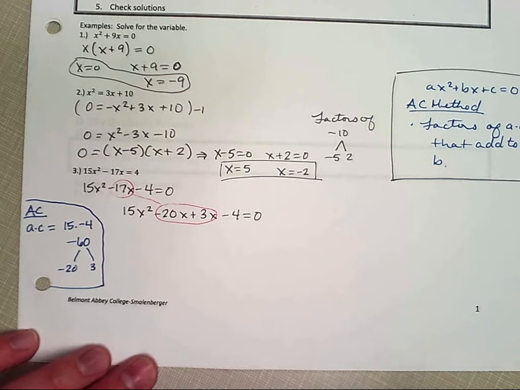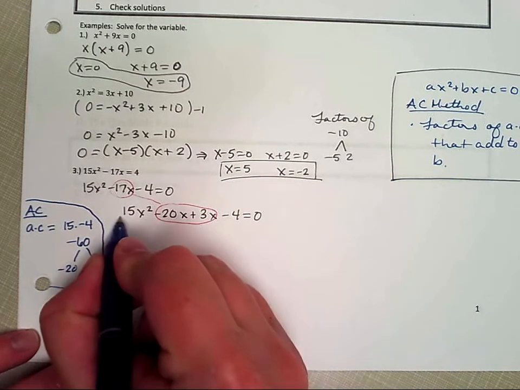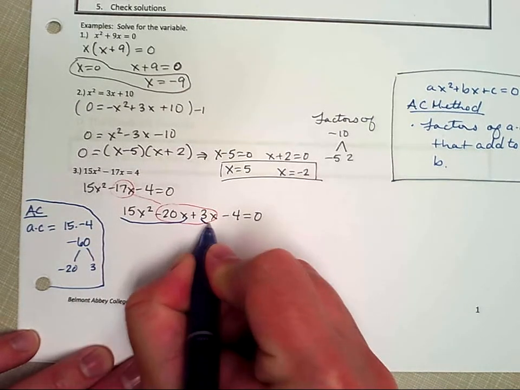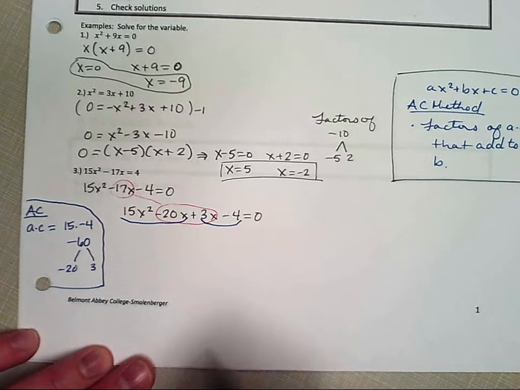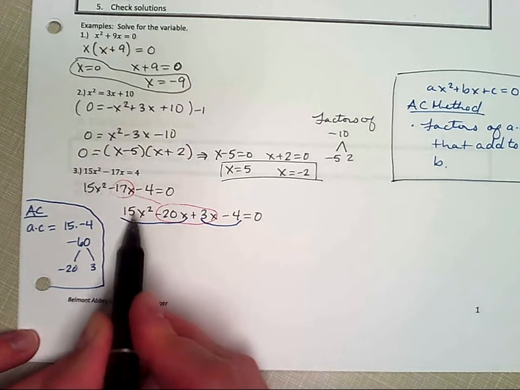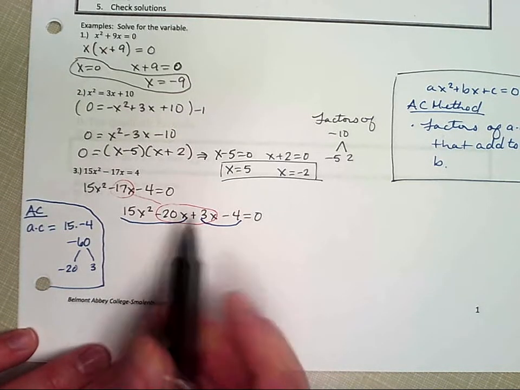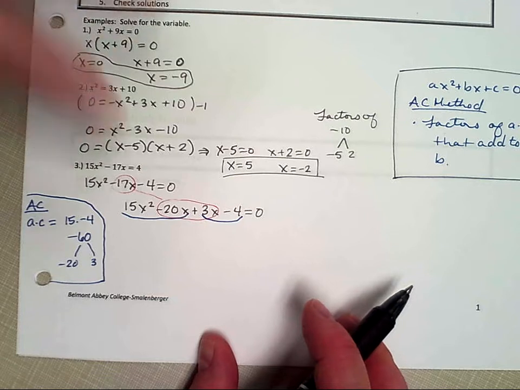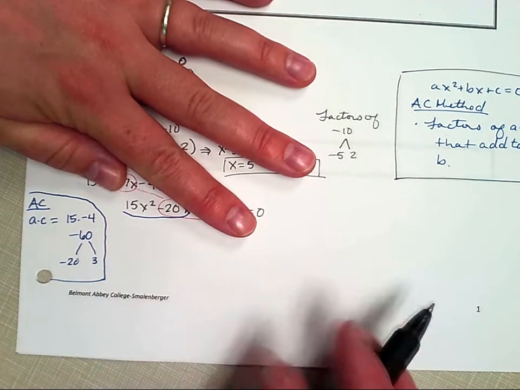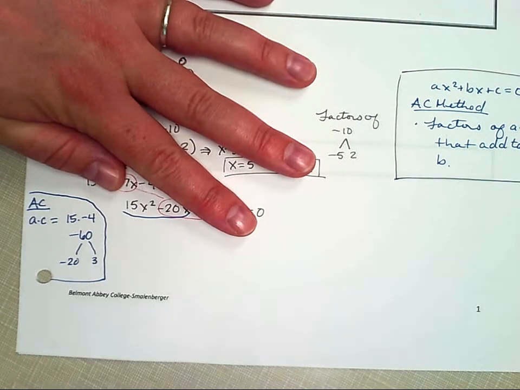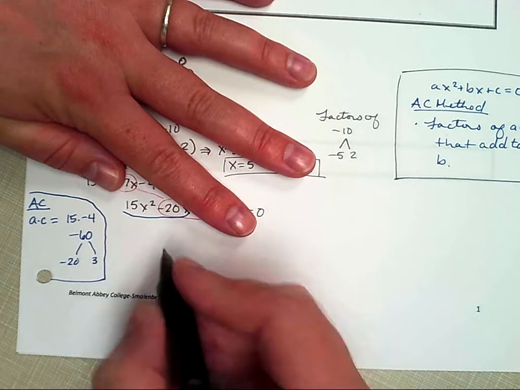So now I'm going to factor by grouping. I have these two right here, and I have these two right here, and I'm going to see what's common between my first two terms. What can I factor out of these two? 5x.